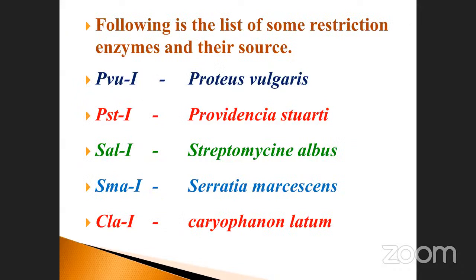The following is the list of some restriction enzymes and their sources. Already we discussed the resistance genes, and some restriction enzymes are also encoded by genes present in pBR322. What are they? PvuI is from Proteus vulgaris, so it is simply called PVU: P from the first letter, VU from vulgaris, and the number denoted as 1.